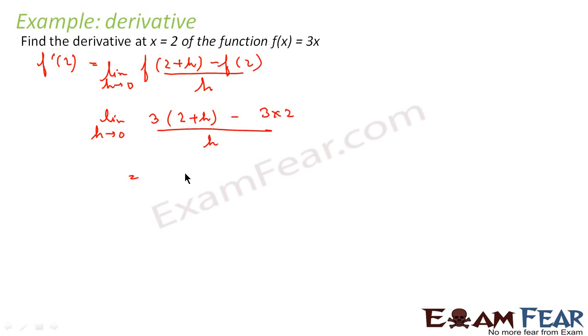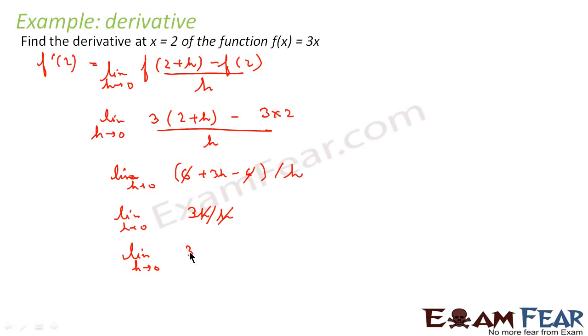This is nothing but 6 plus 3h minus 6 by h, and here also limit h tends to 0. 6 cancels, and this becomes nothing but 3h by h, limit h tends to 0. H is also cancelled, so this becomes limit of h tends to 0 of 3, and that is nothing but 3. 3 is the answer.